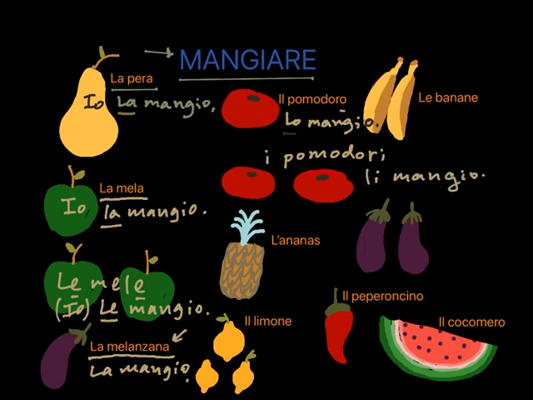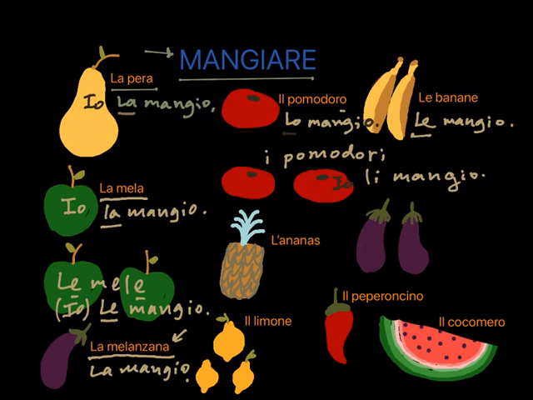And you are welcome to use io if you feel like it, but you don't have to because Italian is the language of freedom. Le banane, you go back to the table, you'll see that le will coincide with the article, but it's not the same word. Le mangio will be the direct object pronoun with the conjugated verb.